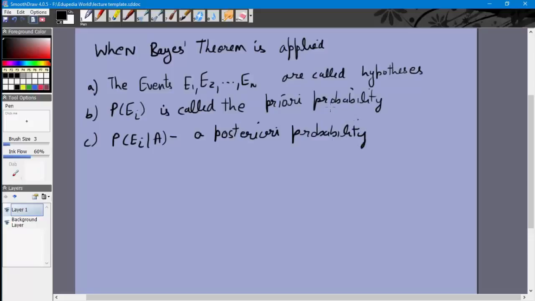Now these terms are not really important for IIT JEE, but for your board exams it might be possible that they might ask you what is the priori probability. So you should know what that is. It is basically just a term for P(Ei).